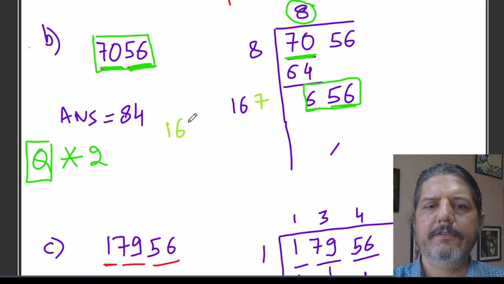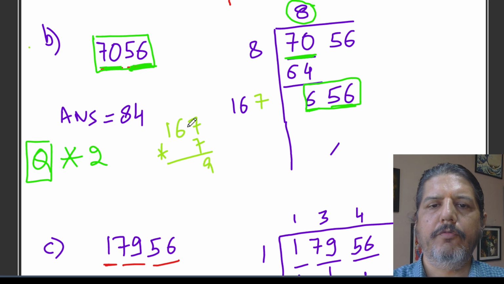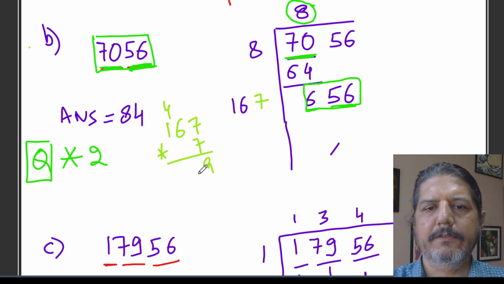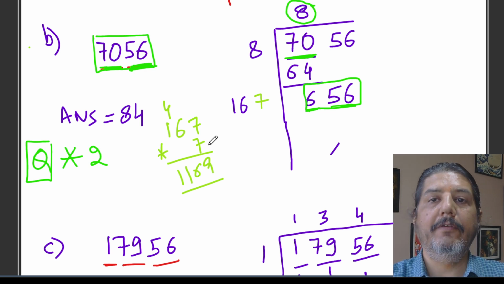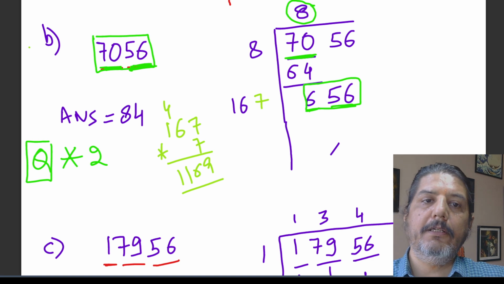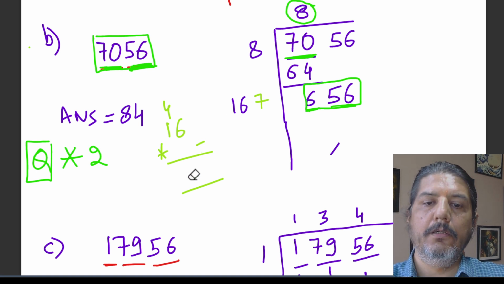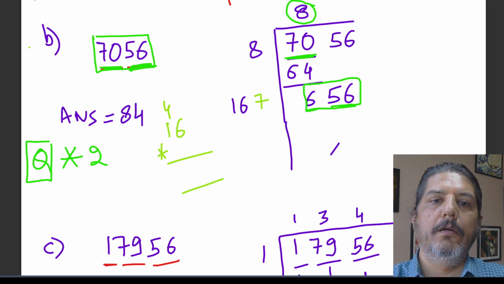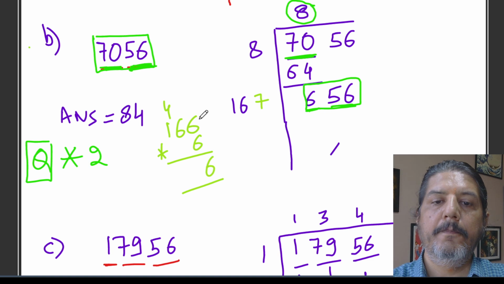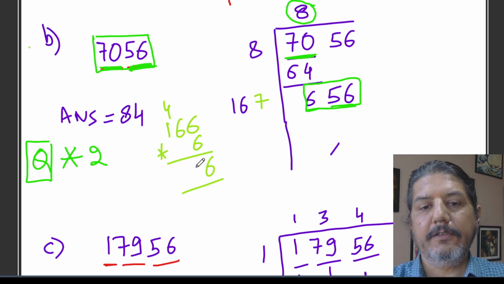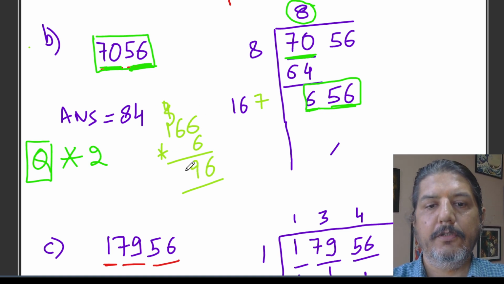So 167 into 7. 7 sevens are 49, 7 sixes are 42, 46, 7 on the 7, 11. See, if I had multiplied by 7, it would have exceeded. So the number which fits here would be 6. 6 sixes are 36.